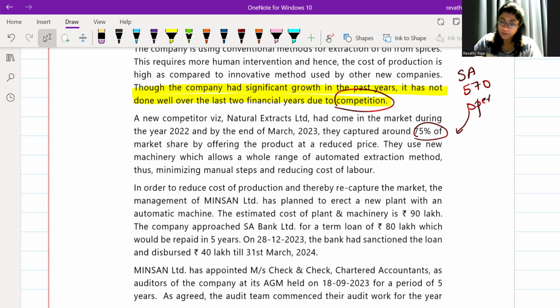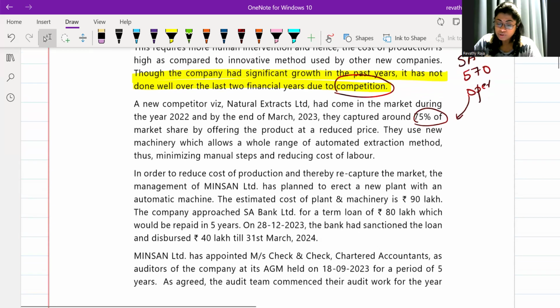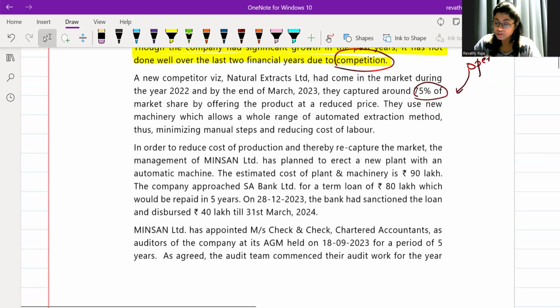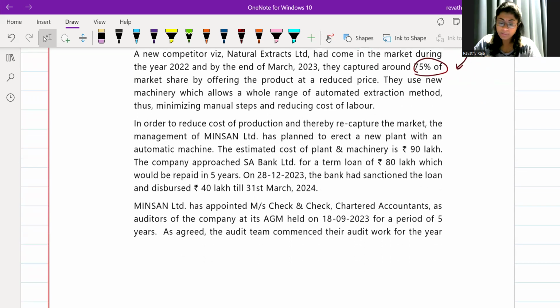Come on. Okay. In order to reduce the cost of production, thereby recapture the market, management has planned to erect a new plant with automatic machine. The cost of the plant is 90 lakh. The company approached SA Bank for the term loan of 80. They would be paid in 5 years.